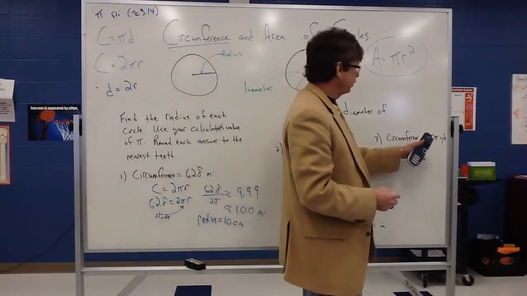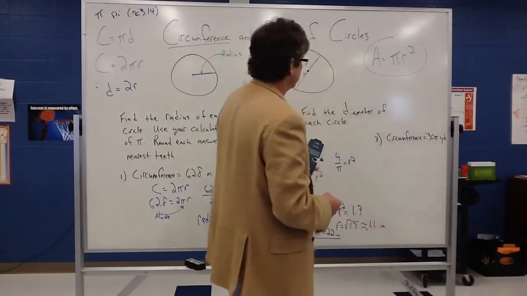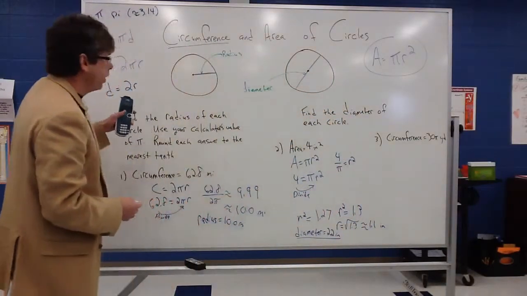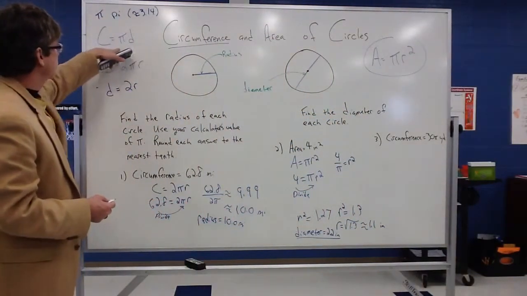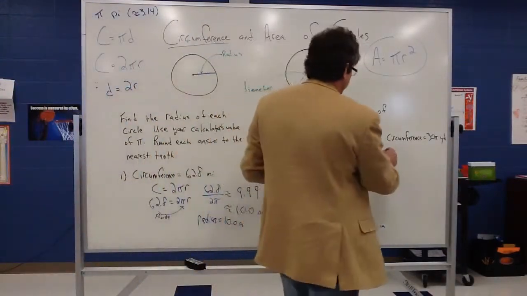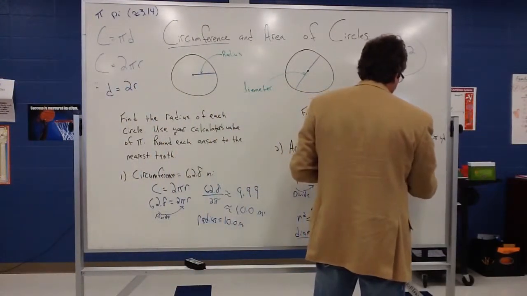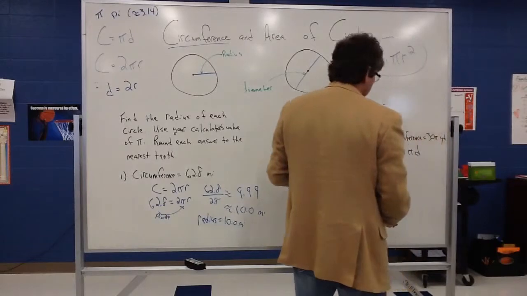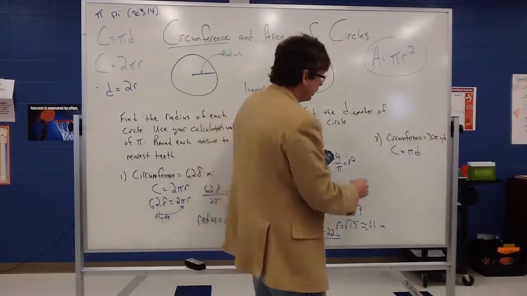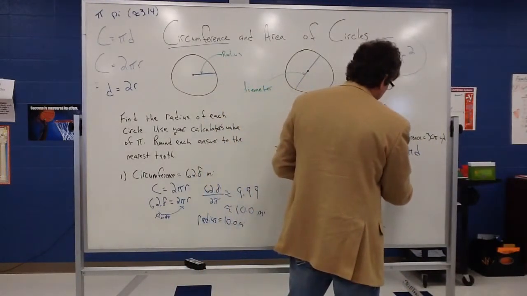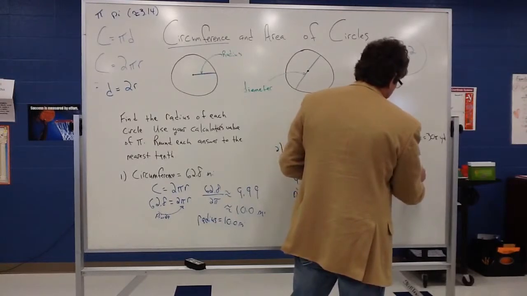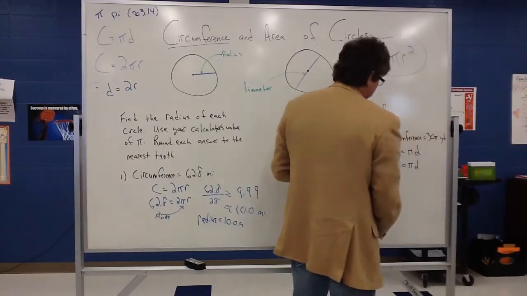Let's look at circumference equals 30 pi. So again, we do have a formula that involves diameter, which would be this one. So we're going to use the formula c equals pi times the diameter. The circumference is 30 pi, so I replace the c with 30 pi, and I end up with 30 pi equals pi times diameter.